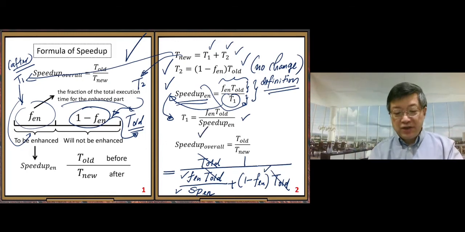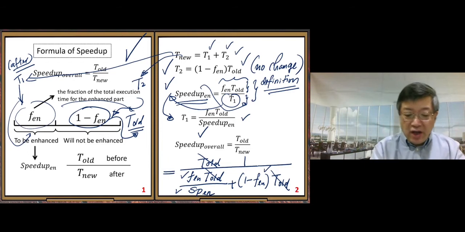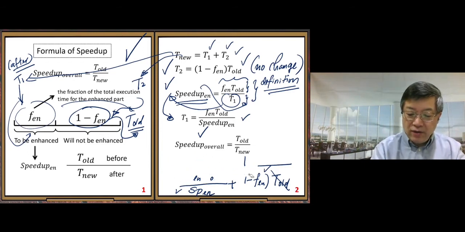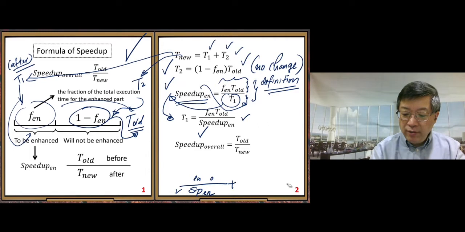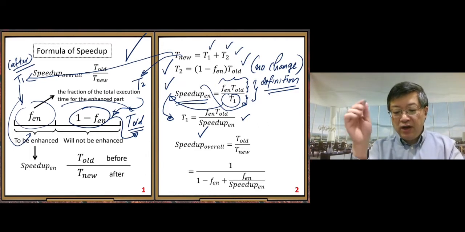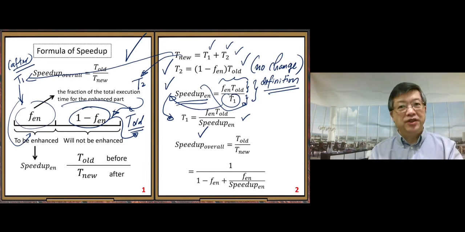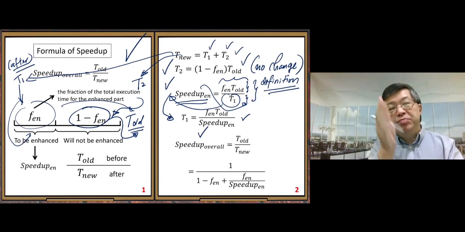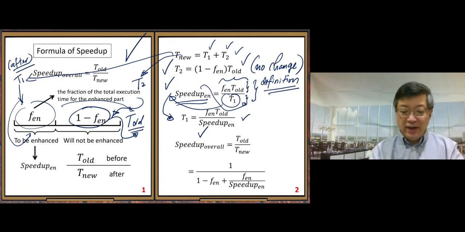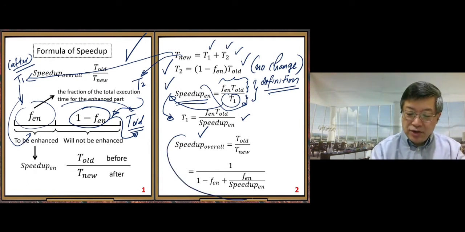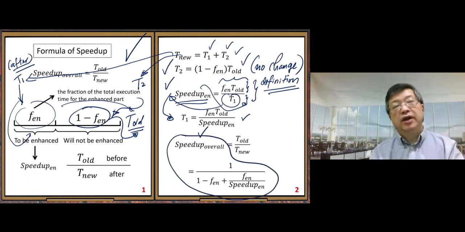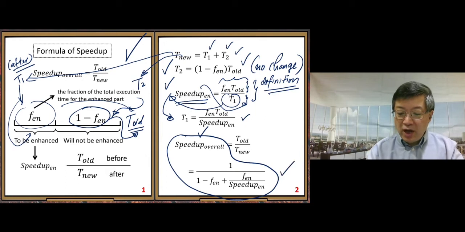Let me erase and put a clean formula there. So you will see the final formula in this way. This is our final speedup formula, and this is the most important formula of this part. Later, we will practice this formula a lot. We will have many questions.